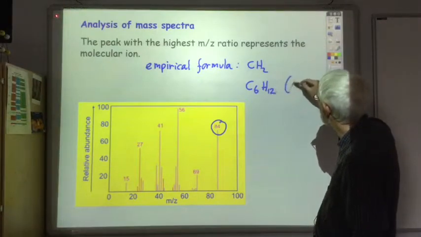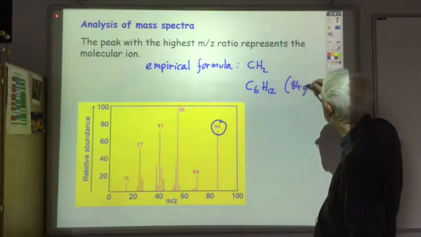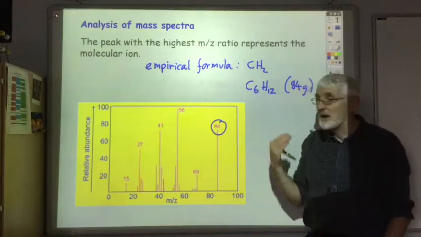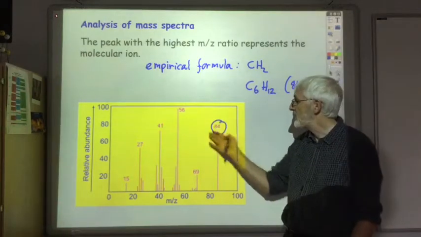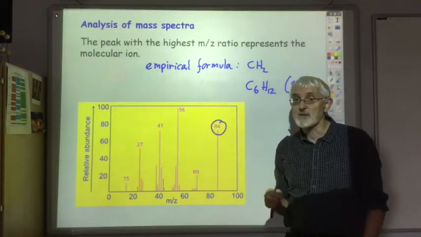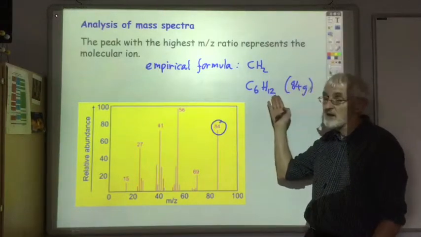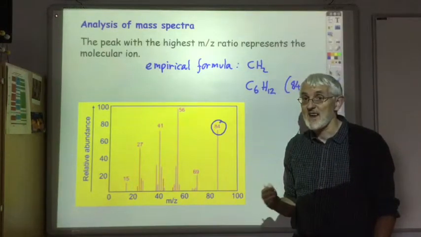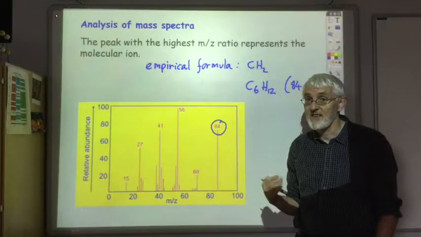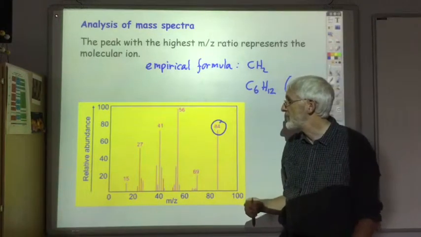That comes to a gram formula mass of 84 grams. So the empirical formula combined with the highest peak of the mass spectrometer can reveal the molecular formula, and that in itself is a very, very useful piece of information.